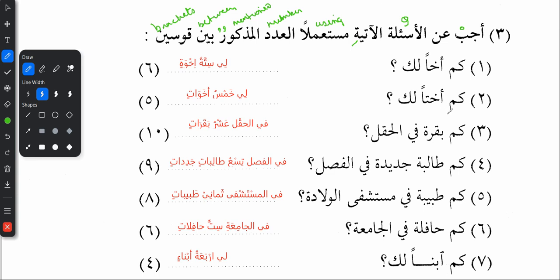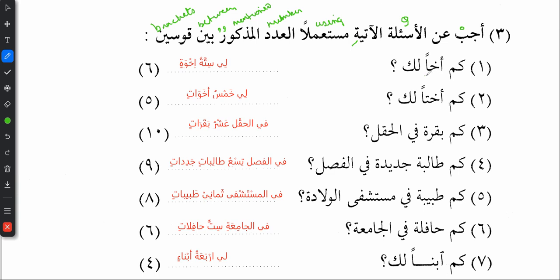So here you can first check. Kam ahan. Are they asking about the feminine counted nouns? No. So there and then you decide that you have to give your answer in the number should be in feminine. So ahan is male.